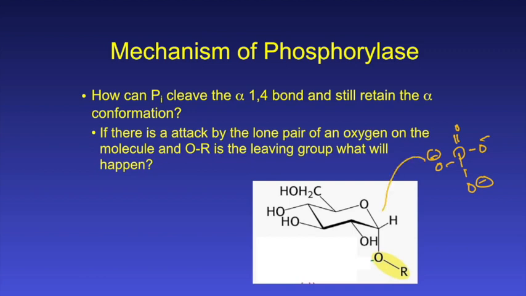The phosphate would come and attack, and this would leave. It's not H star, it's an H plus. Now, if that did happen, you would have inversion of stereochemistry. And we do not see inversion of stereochemistry. So it is not as simple as this.